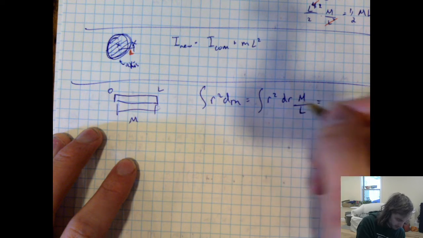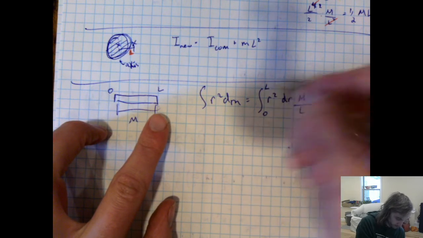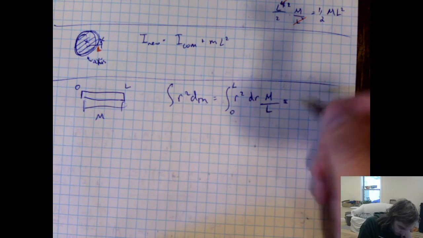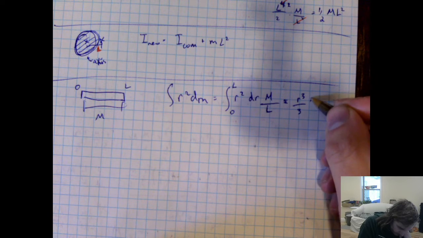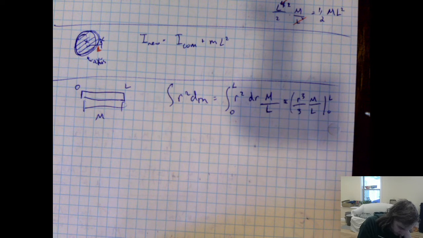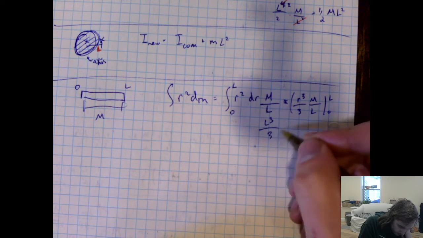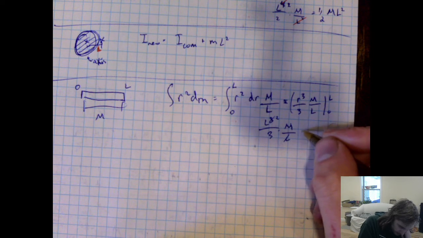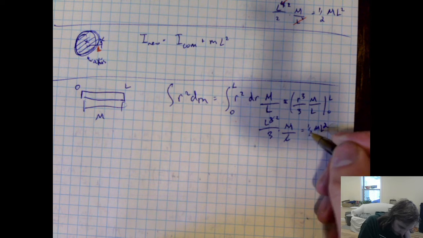And we're once again going to be integrating that, but this time we're going from one end to the other, so from 0 to L. When we do that, what we'll get is r to the third divided by 3 times m over L, evaluated from 0 to L. Well, at L, it'll just be L to the third over 3 times m over L. The third drops with the L on the bottom. 1/3 ml squared.